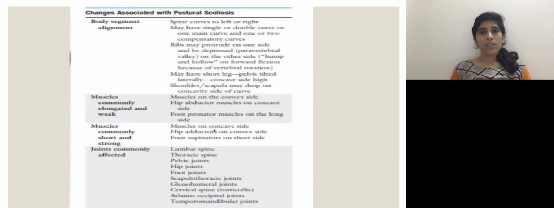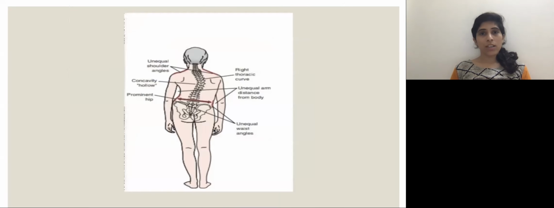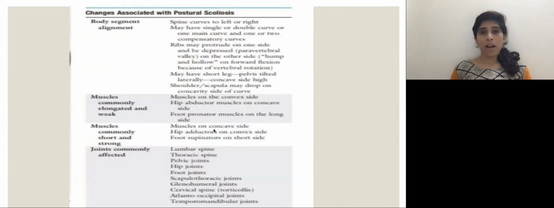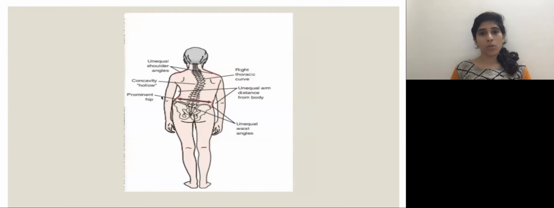The deformities or abnormalities associated with the joints are the lumbar, thoracic, pelvis, then cervical spine changes will occur, atlantoaxial joint, temporomandibular joint, scapulothoracic joint, glenohumeral joint. So all these joints will get affected just because of postural scoliosis. Here you all can see the level of the scapula will not be at the same level.